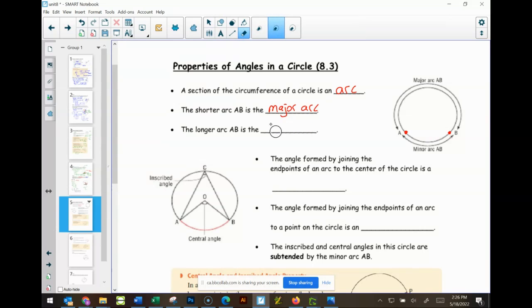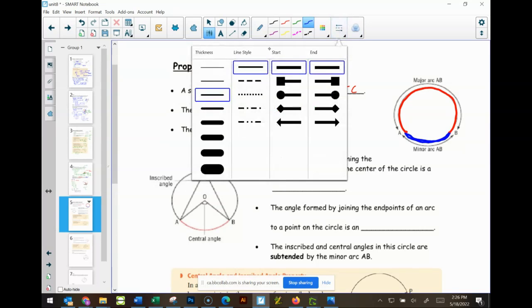And if it makes it easier to keep those separate, maybe I'll represent the major arc in red, and the minor arc in blue. One's obviously longer than the other, so the longer one's always going to be the major arc, and the shorter one, the minor arc.